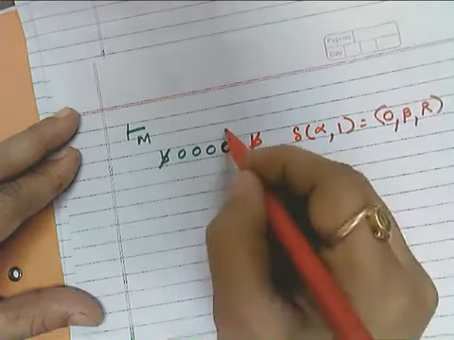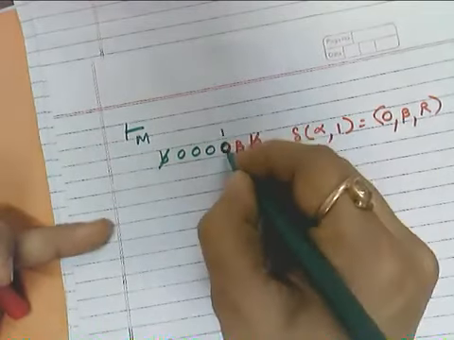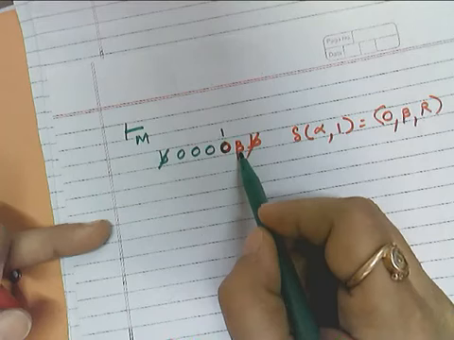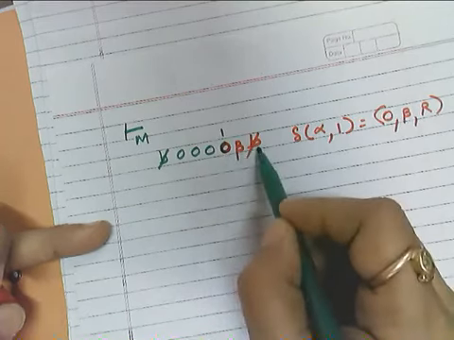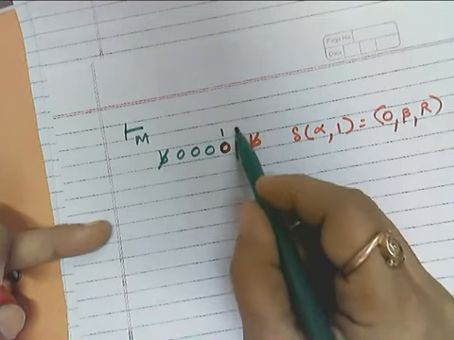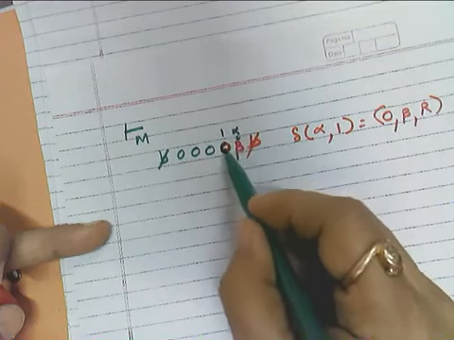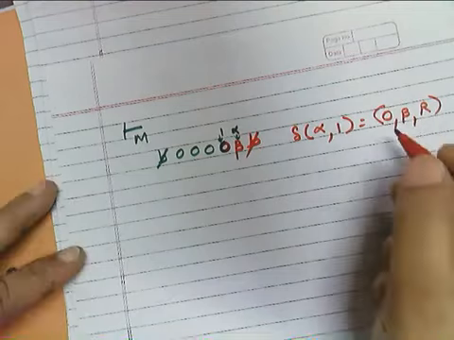So earlier it was 1, which is replaced by 0. Now it is moved towards right because now all are read, blank needs to be read. So the state is changed from alpha to beta, right? So this is the next one.